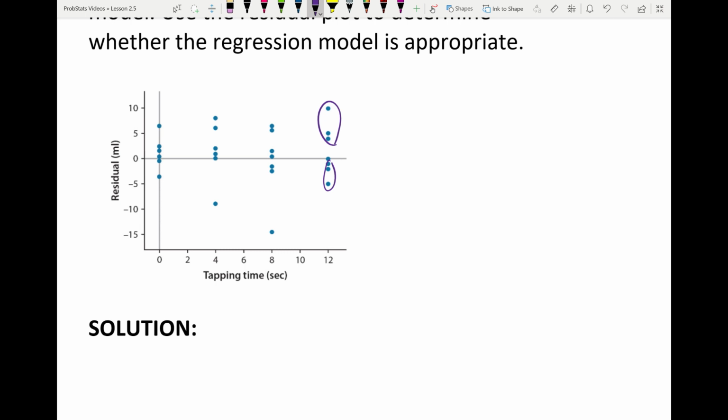This seems random, in the sense that some cans could just as easily be above the line as below the line. So if something can occur by chance, or if it's randomly scattered, like it is here, some above, some below, and there's no clear pattern, in that case, we can say that this regression model is appropriate.